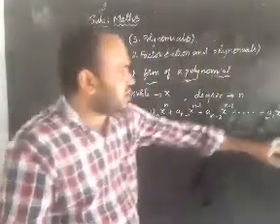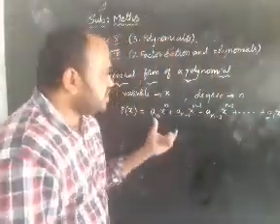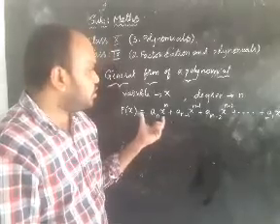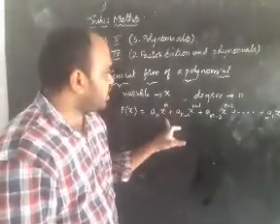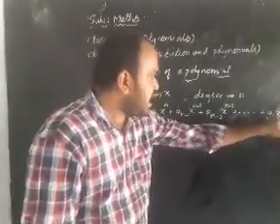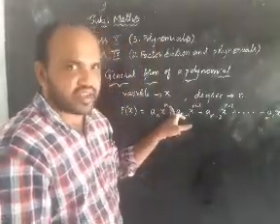Here a0 is the constant. It is a polynomial with variable x, and the highest power is n.